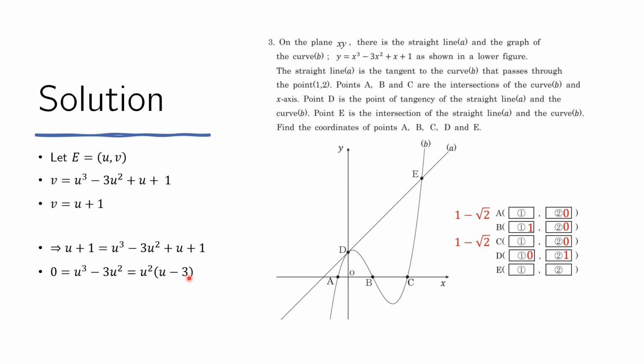The solutions to this are the following: u equals 0 and u equals 3, right? But u equals 0 is already this bit here. Therefore, E must be u equals 3. So u must be equal to 3. And that's why we replace e here with 3. And now that we have u, we use this equation and we replace u with 3. And therefore, we get a v which is equal to 4.